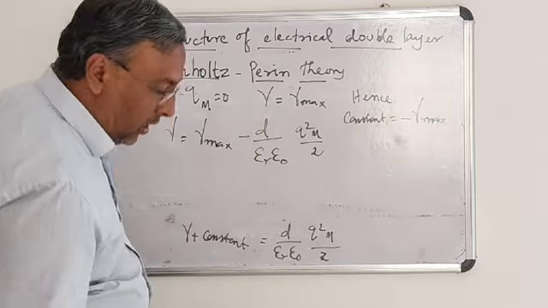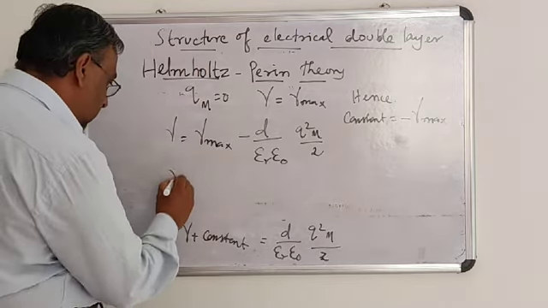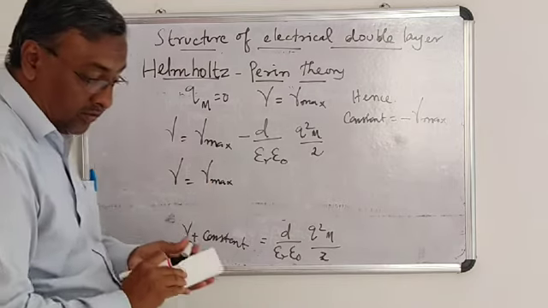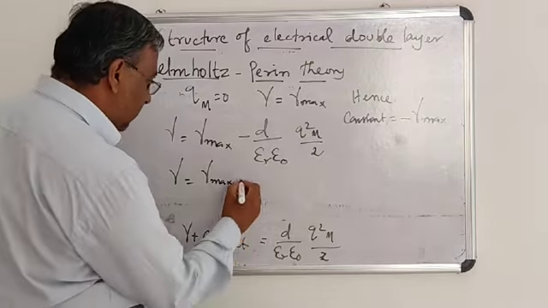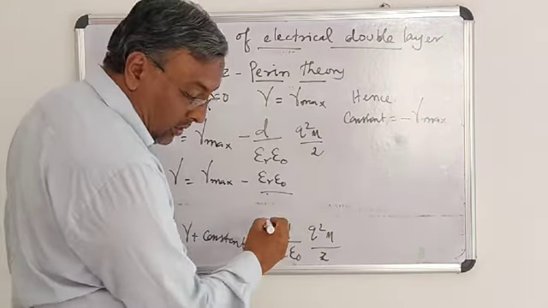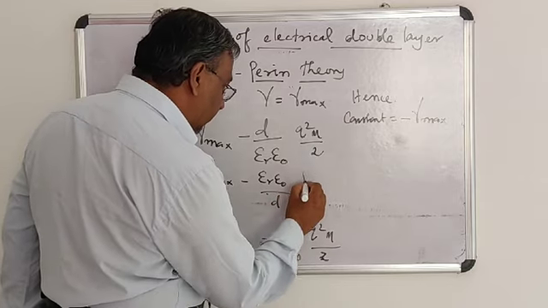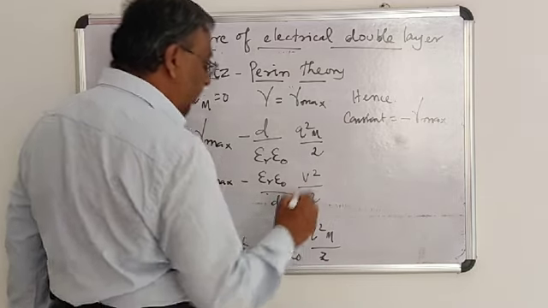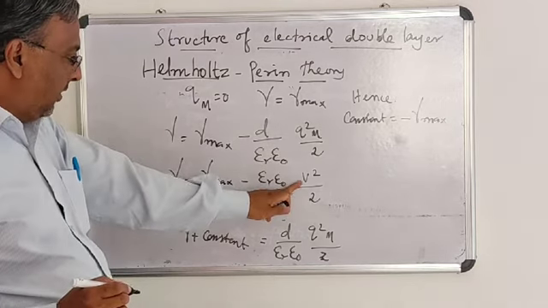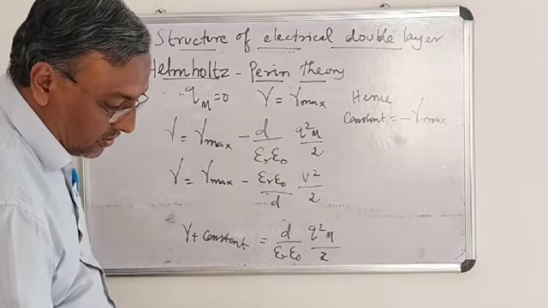Or I can write this as gamma max minus, divided by d, this is nothing but V squared by 2. That is the potential drop between these two layers.